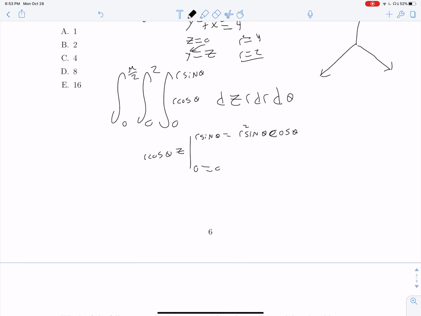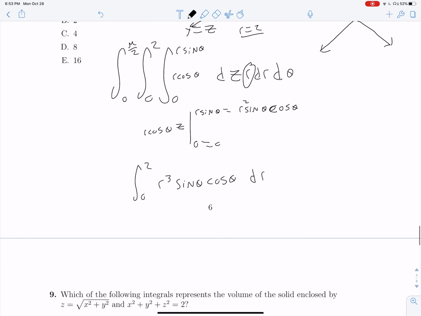And so now we have the integral from 0 to 2 to worry about of r cubed, because remember we've still got this r hiding in here, sine theta cosine theta dr. So that's going to be r to the 4th over 4 evaluated on 0 to 2, which is just going to be 4. So 4 sine theta cosine theta evaluated on 0 to pi over 2 d theta.